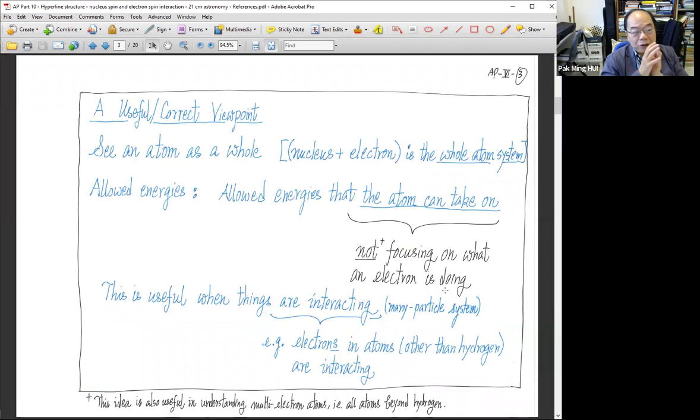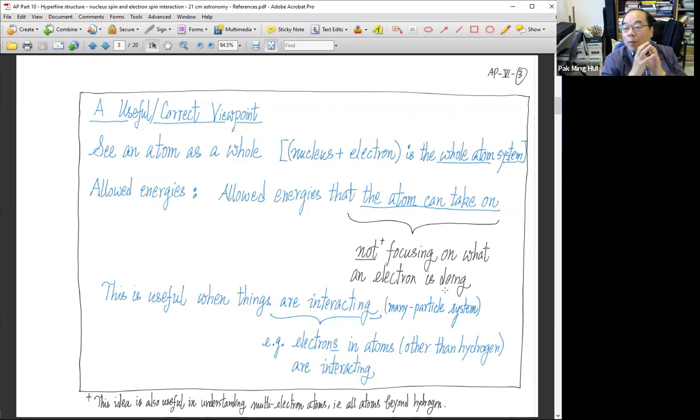And this page is an idea quite important in concept. When we look into the allowed energies of an atom, many of us tend to think in terms of an electron's behavior. For example, an electron goes from this level to another level, okay? But if you think about quantum mechanics, the Hamiltonian is about the atom.